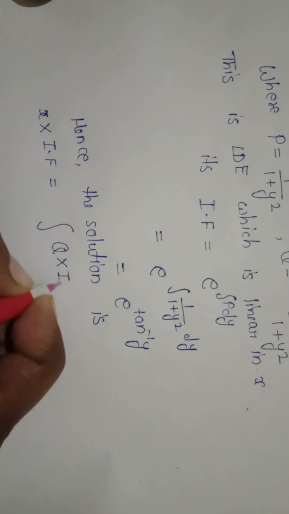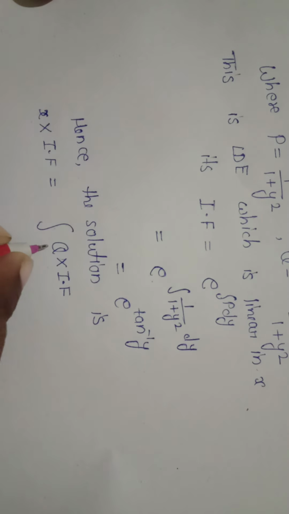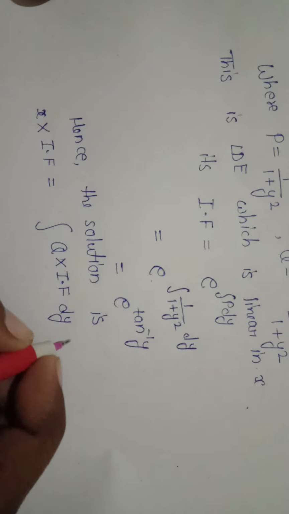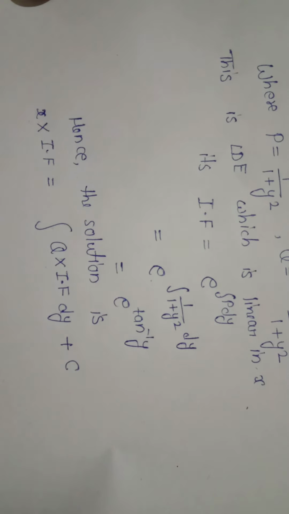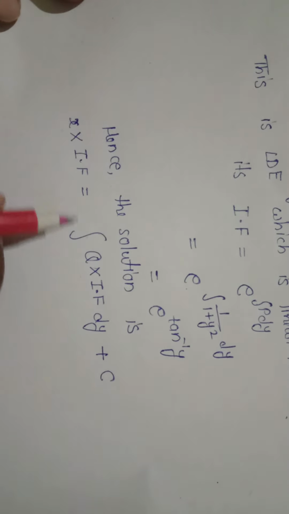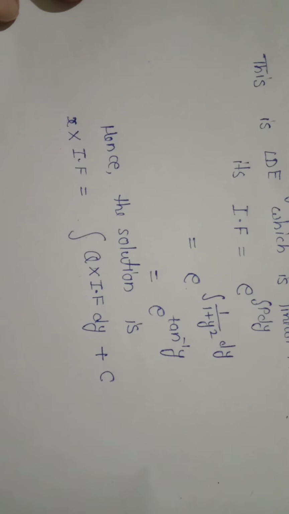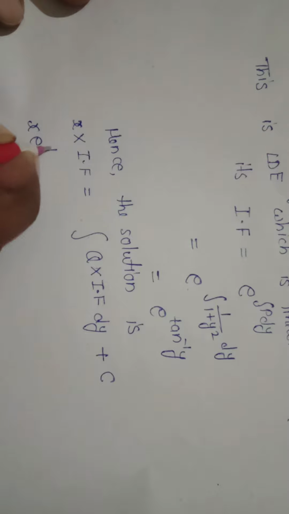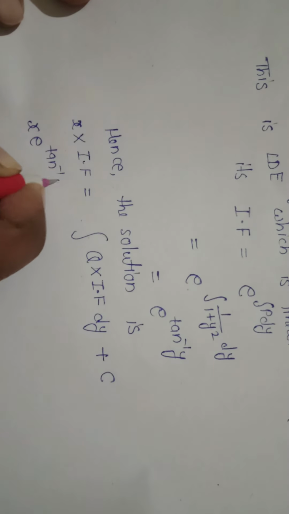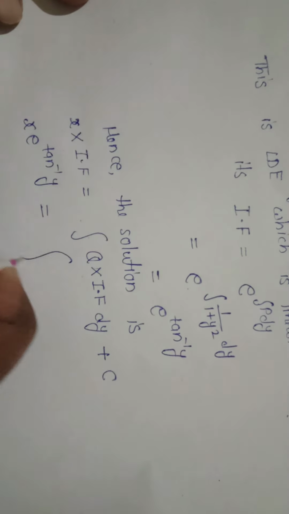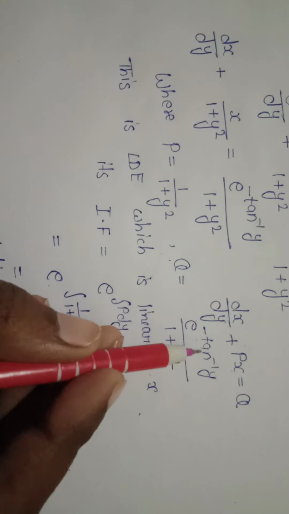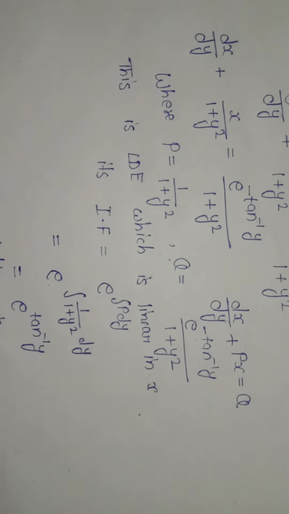Since the integrating factor as well as q are both functions of y, we have to take the integral with respect to y plus integrating constant c. So now I am going to put the value of the integrating factor here. So x e raised to power tan inverse y. And what was the value of q? You can see here the value of q is e raised to power minus tan inverse y upon (1 plus y square). So I am going to put it.